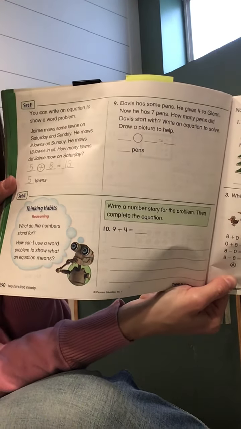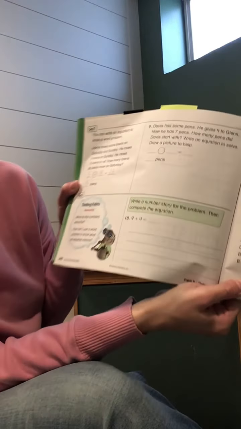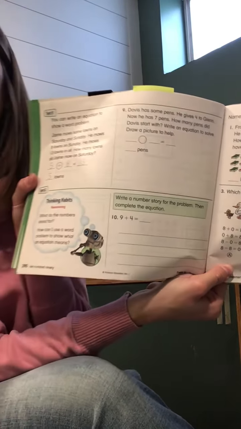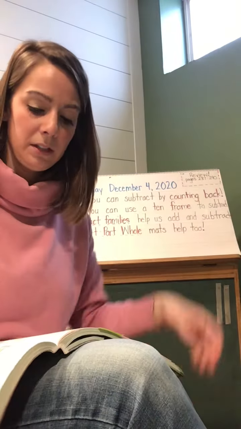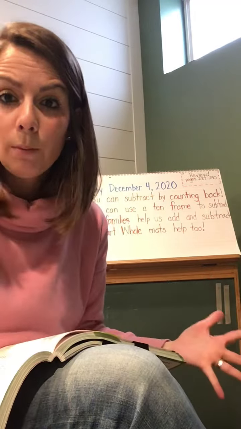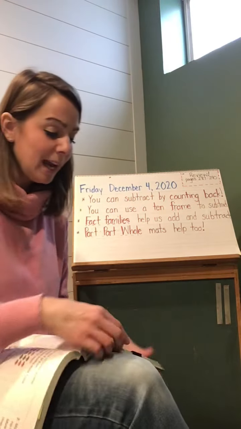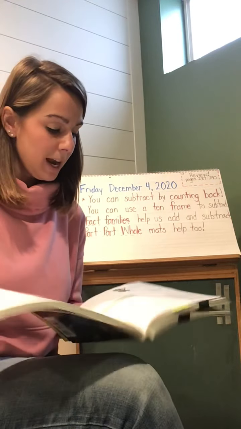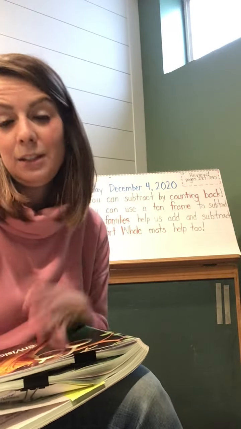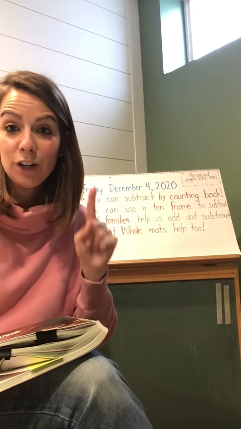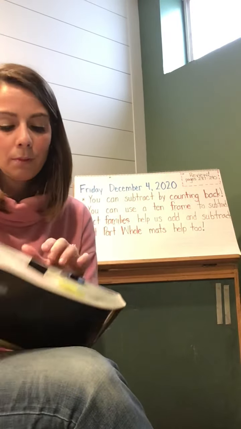And then you can complete that equation. So it's asking you to write a problem that matches 9 plus 4. Maybe you want to say there were 9 snowmen and then you made 4 more, or you baked 9 cookies and then your grandma gave you 4 more cookies and you want to know how many cookies you have. Just make sure it matches that problem.